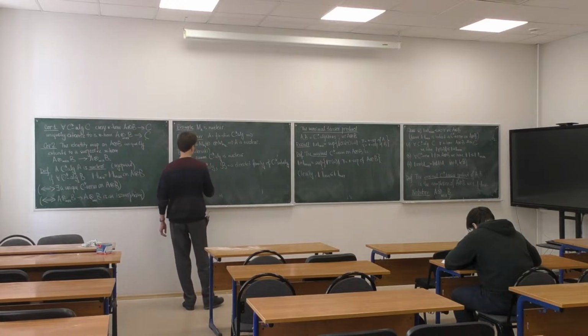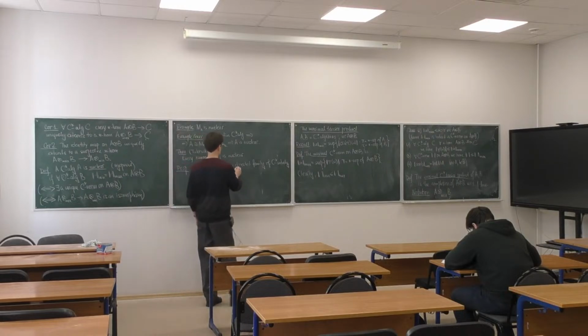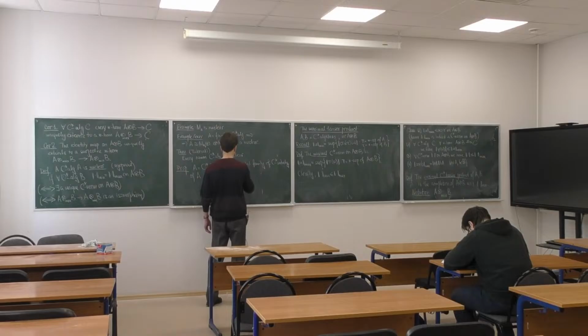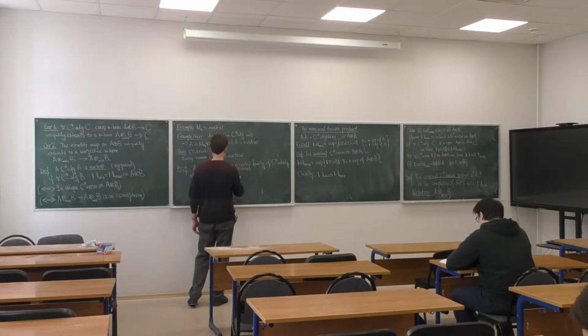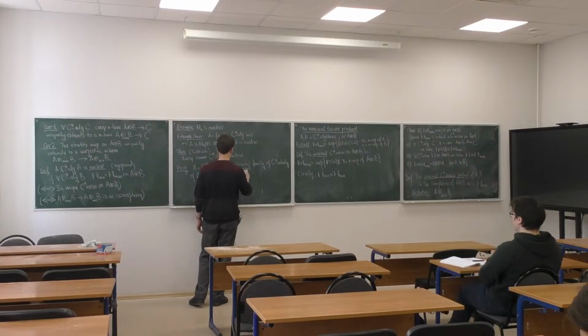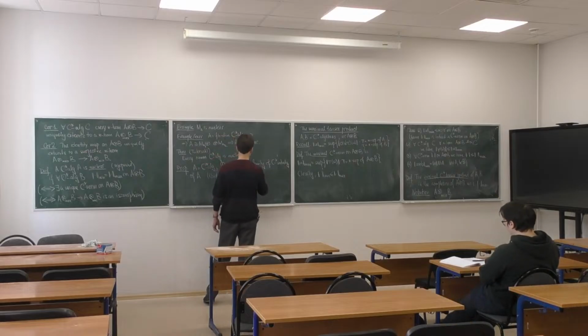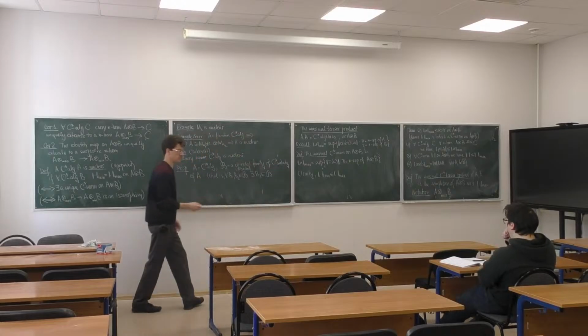Now here, directed, or if you like, filtered, means that if we have two algebras in this family, any B1 and B2 in this family, there is another subalgebra B3 in the same family, which contains both B1 and B2.